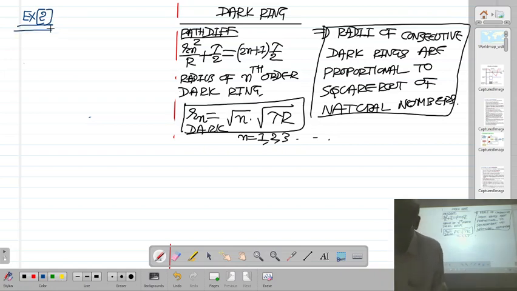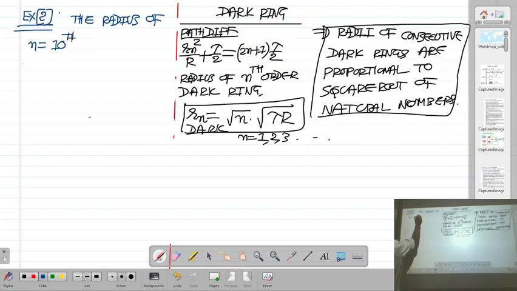In the second example, I give you the radius of the tenth Newton's dark ring, which is 0.2 centimeter.